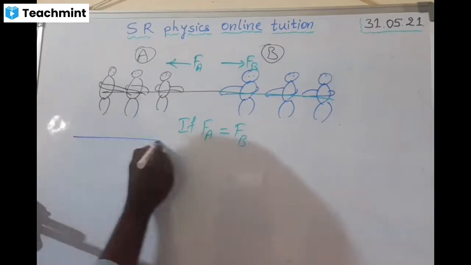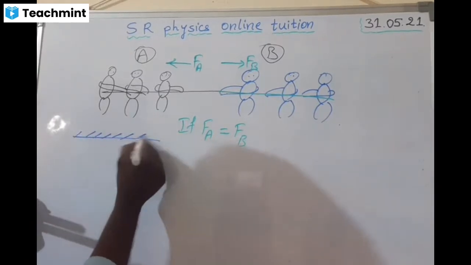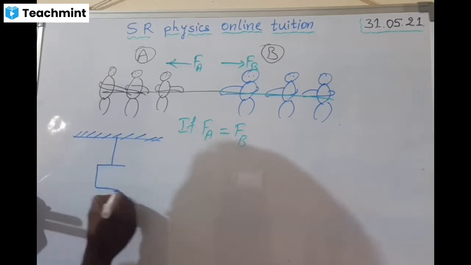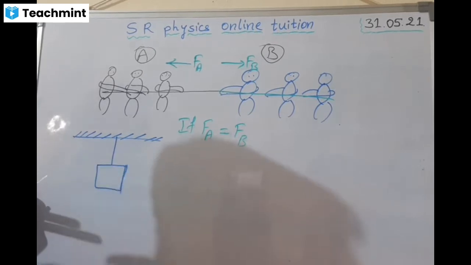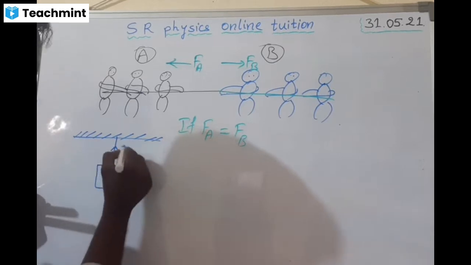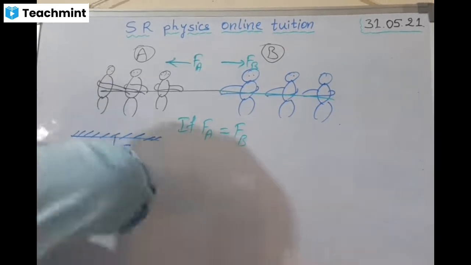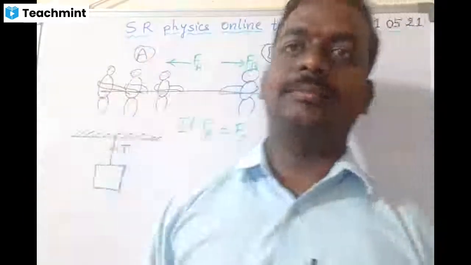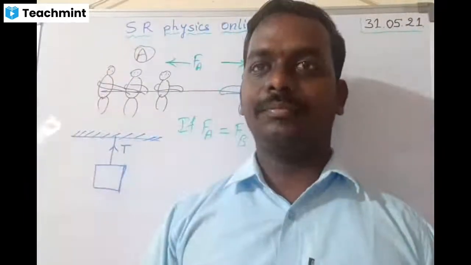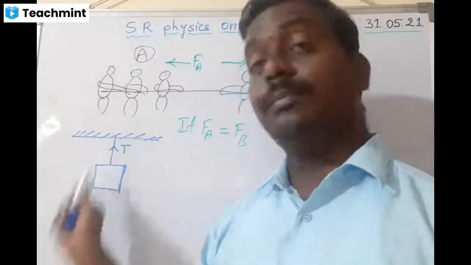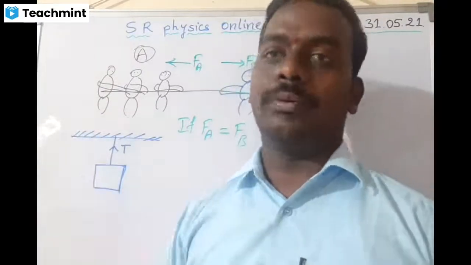Now let us see some examples for tensional forces. Suppose this is a rope roof. For this roof, you hang a block. Here the force existing vertically upwards to hold that block, like our ceiling fan, definitely there should be some tensional force in this rope.